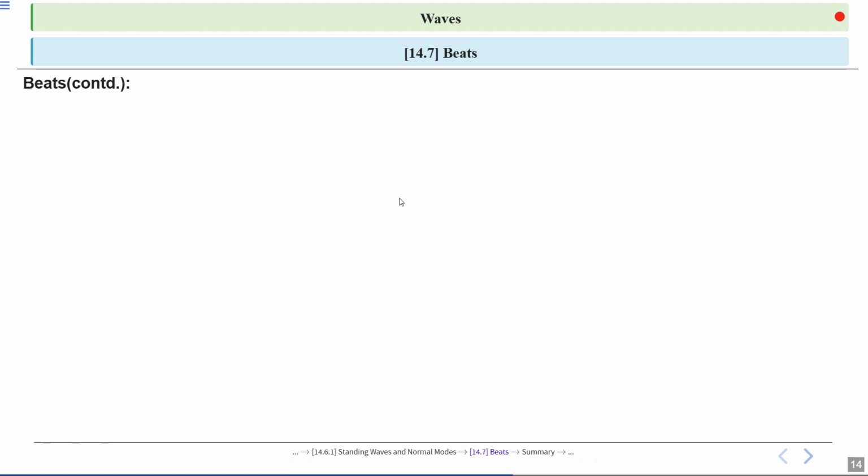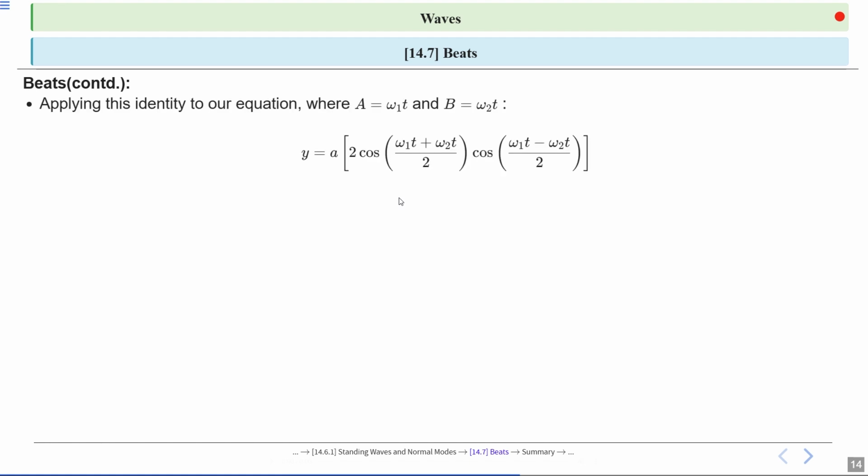Now in this equation we have combined two cosine waves with different frequencies using the trigonometric identity for the sum of cosines, by letting A equal to omega 1 t and B equal to omega 2 t.